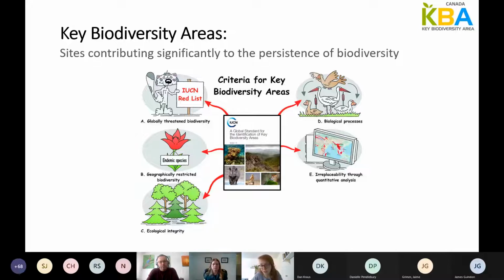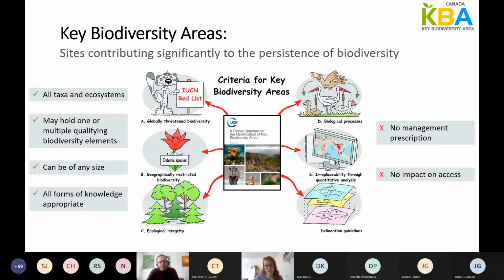Criterion D is for species that aggregate in large numbers, for example, during migration at stopover sites. And finally, criterion E captures sites with high irreplaceability through quantitative analysis, and the methods for this last criterion are still being developed. Accompanying the KBA standard, there's also a set of guidelines that outline how KBA sites can be delineated.